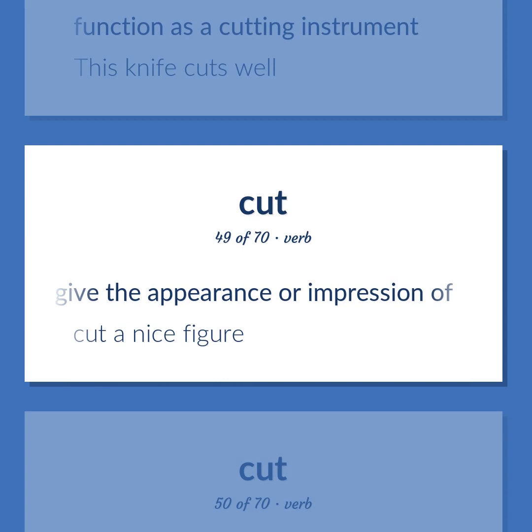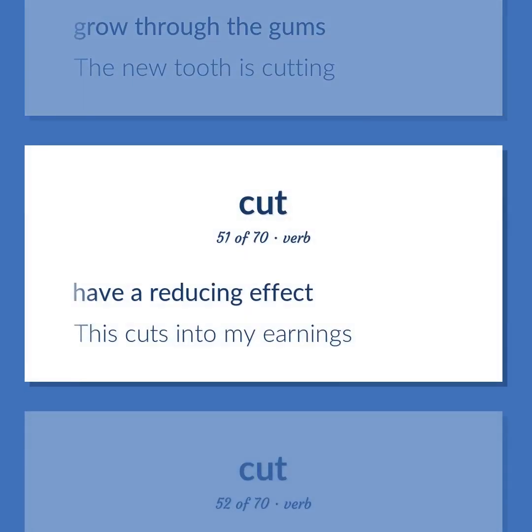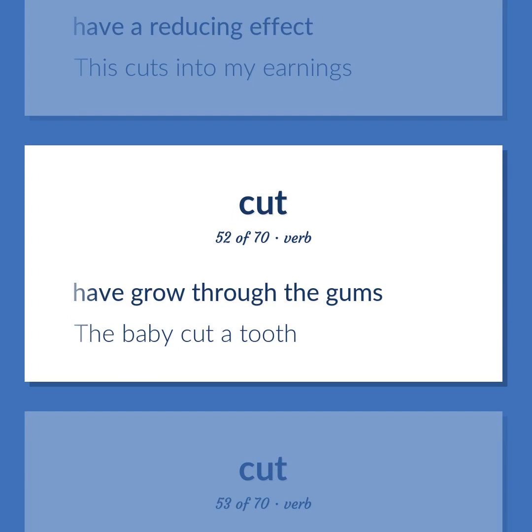Cut a nice figure. Grow through the gums. The new tooth is cutting. Have a reducing effect. This cuts into my earnings. Have grow through the gums. The baby cut a tooth.